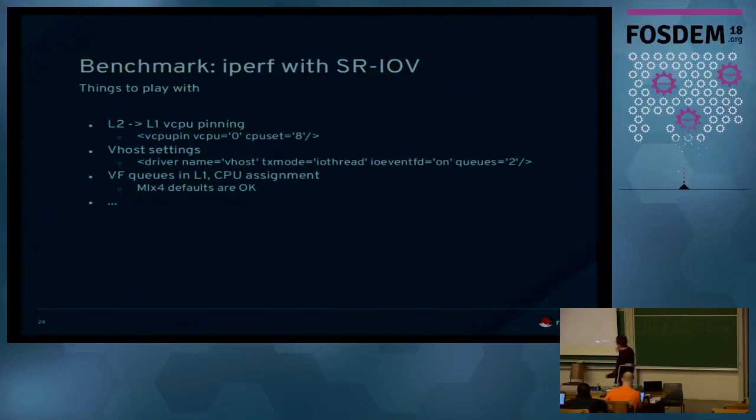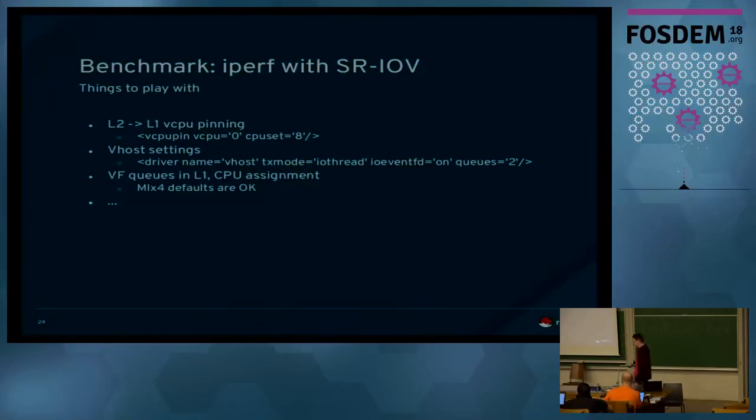You can use CPU pinning in L2, or in L1, especially if you have multiple NUMA nodes. So you may make your level 2 guest NUMA-aware, or you may pin it to a single NUMA node, and that's what I did.